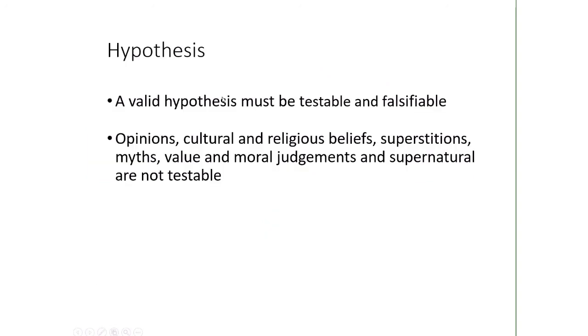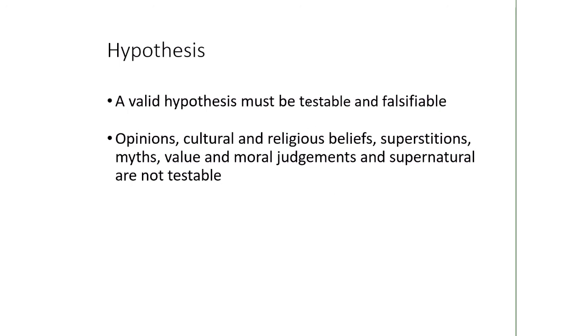So hypothesis. How do we come up with these hypotheses? For the remote control it is relatively straightforward, but in real life examples, in a lab, for example, the hypothesis is sometimes a little bit tricky to come up with. So in order for a hypothesis to be valid, there are 2 conditions that need to be met.